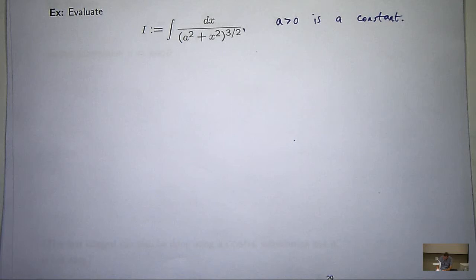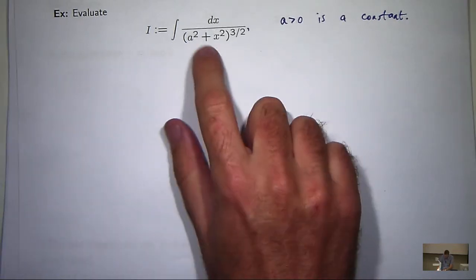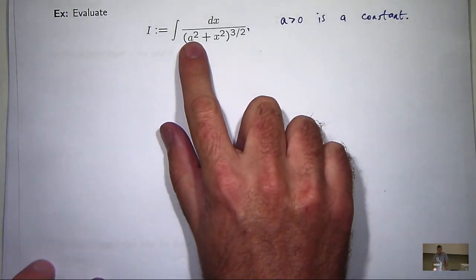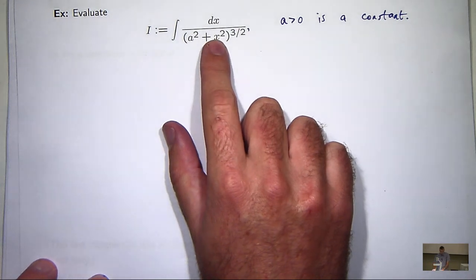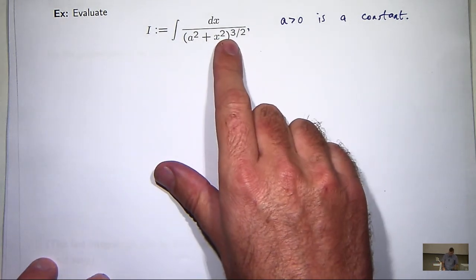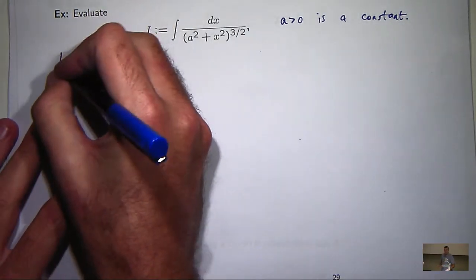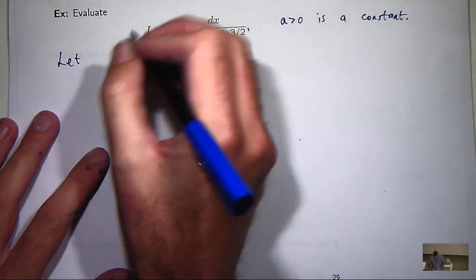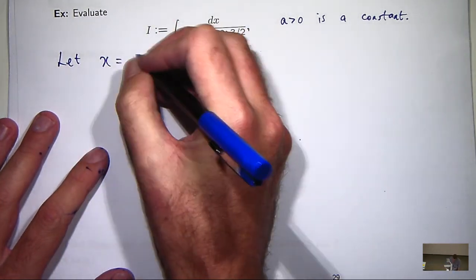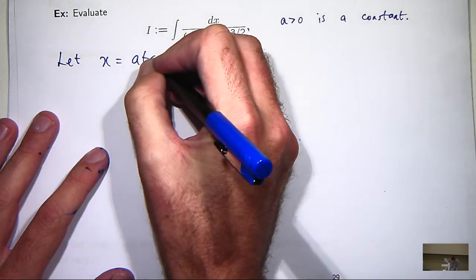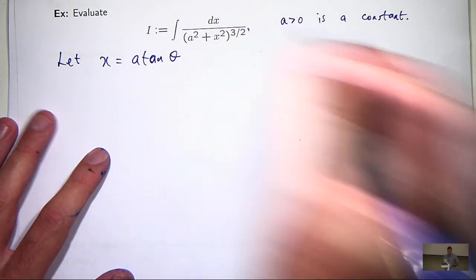Okay, so we're going to restrict our theta to this interval just to keep things all nice and well defined, and the inverse exists. So if x equals a tan theta, what's dx going to be? a sec squared theta d theta. Yes.